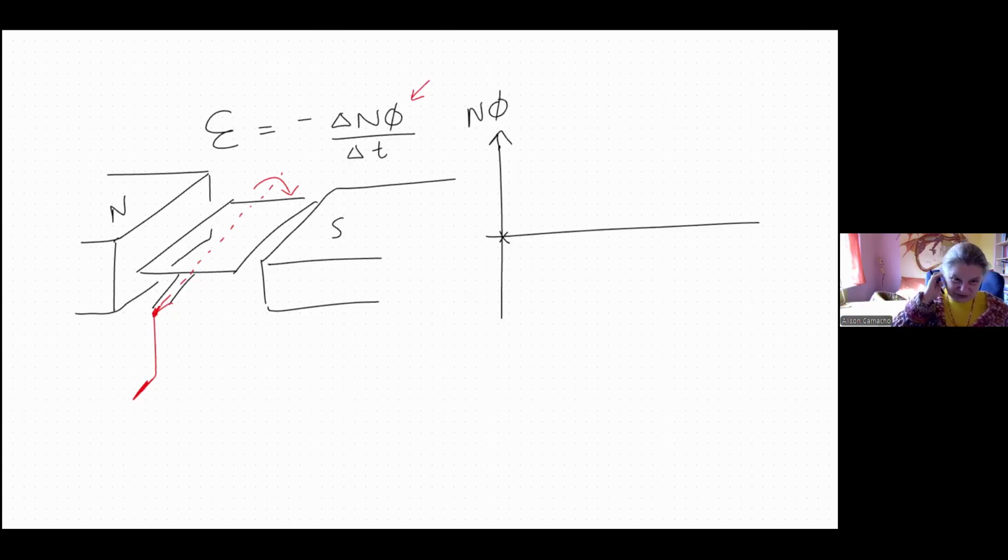Actually, perhaps I should have drawn it vertically. I don't know. But anyway, let's just draw it like this. It doesn't matter. Because it's circular functions, it just shifts everything along a little bit. Okay, so we've got n phi, and it changes, but it changes because it's circular motion. We end up with the flux linkage doing this, isn't it, continuously?